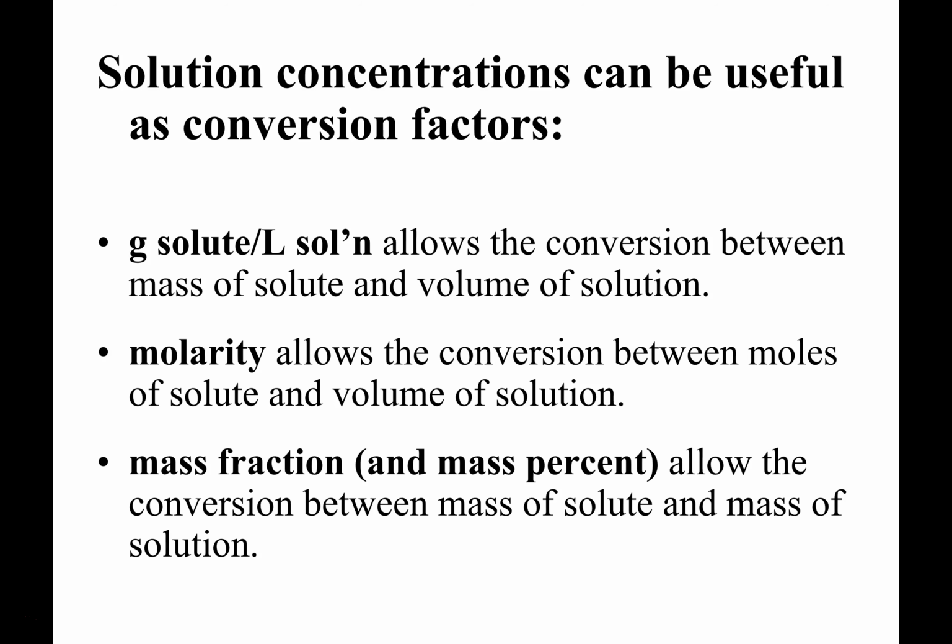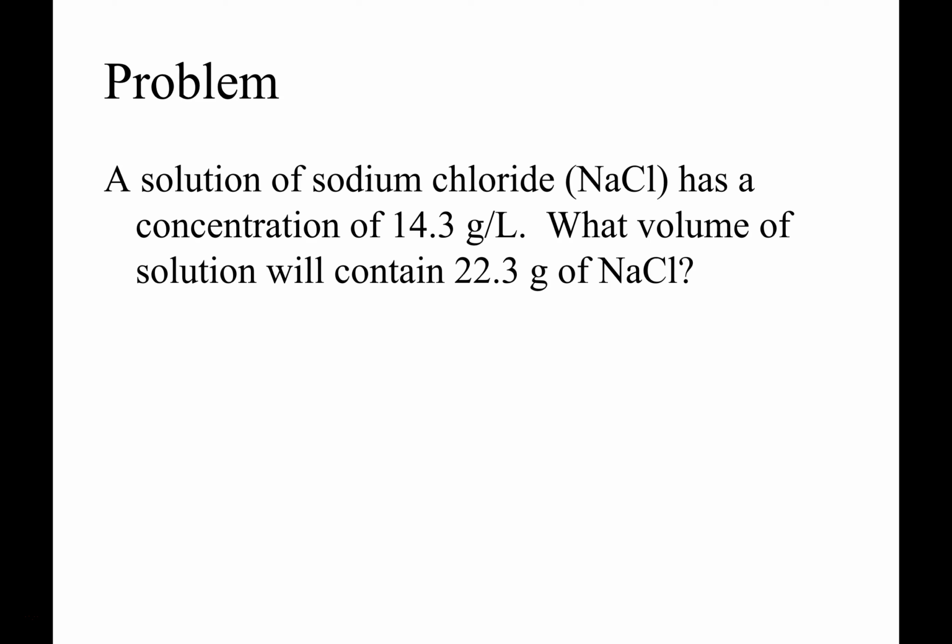So let's see. In this case, someone's already prepared the solution. The solute is sodium chloride. The concentration is given in grams of solute per liter of solution. So what you're going to see on the next slide is I'm going to take that 14.3 g/L and unpack that.